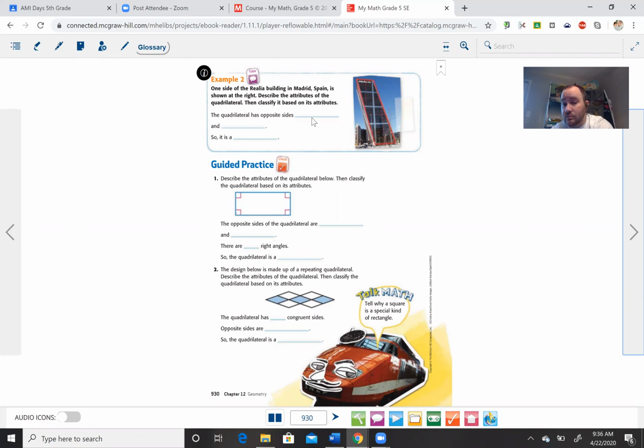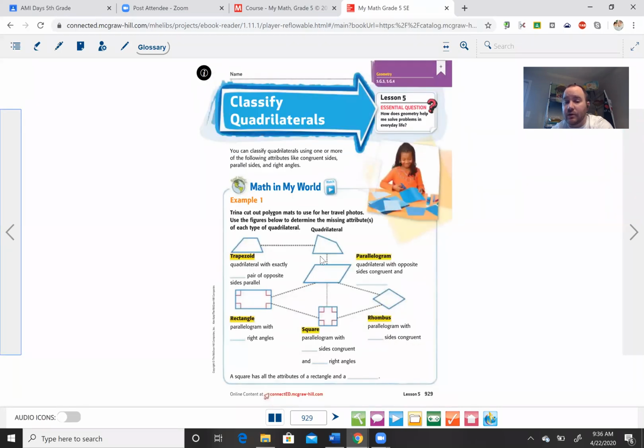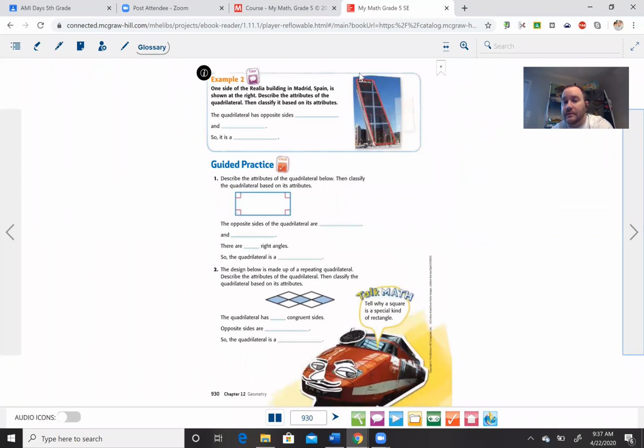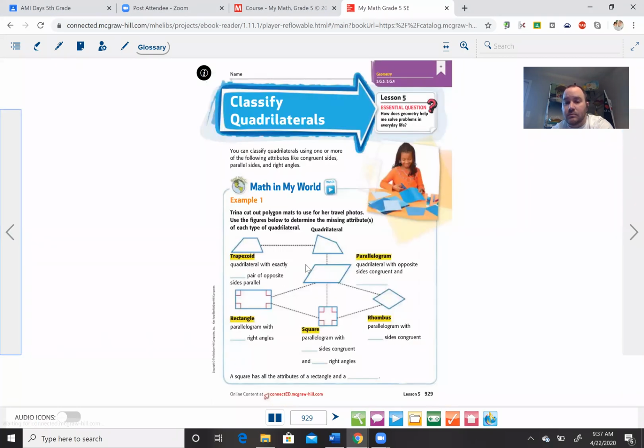Opposite sides are congruent and, well, I would say the angles are the same as well. So based on that description, which would we say this is? I would say it's a parallelogram, right? Opposite sides, opposite sides. I mean, that's almost perfectly a parallelogram. So that's what I would call that.